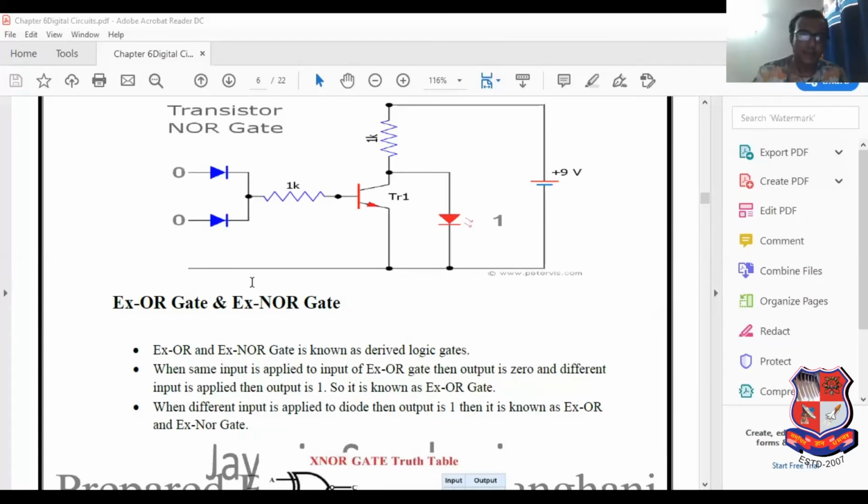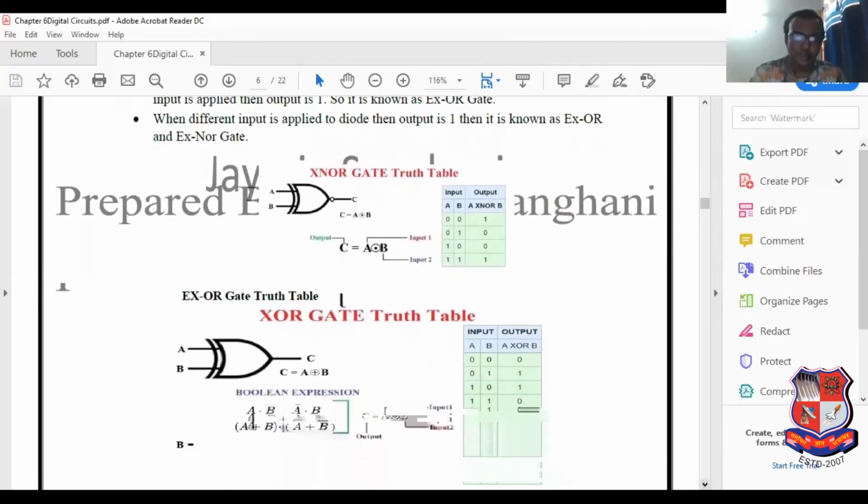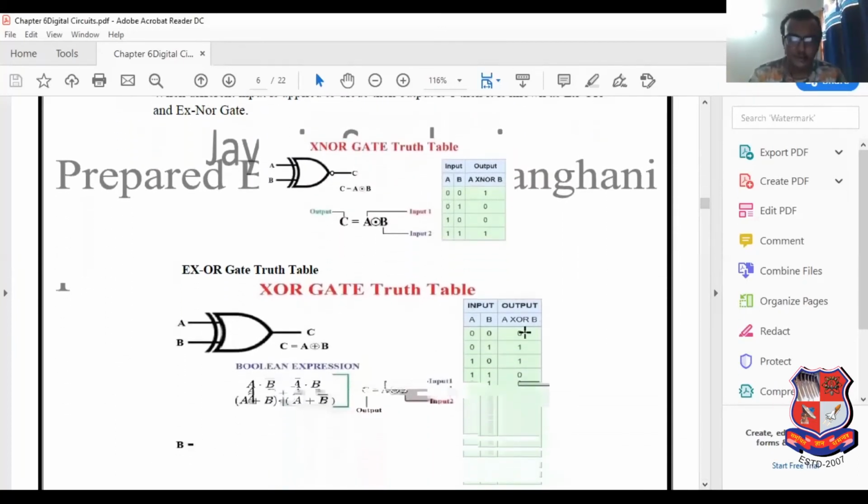If the same input is applied, see here 0 0, then output is 0. 1 1, then also output is 0. If different inputs are applied, then output is 1. So it is known as XOR gate.